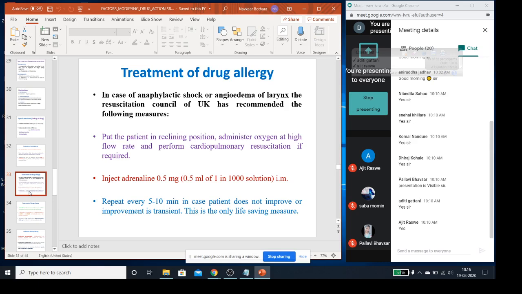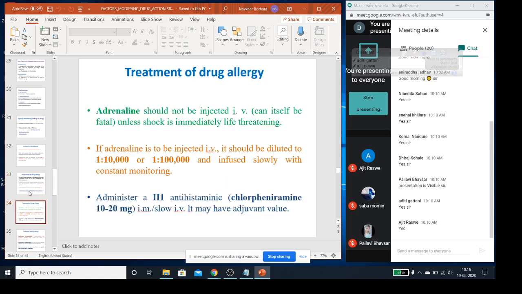Repeat it every 5 to 10 minutes if the patient does not improve or the improvement is transient; it is only a life-saving measure in these cases. Adrenaline should not be injected intravenously, because it can itself be fatal, unless shock is immediately life-threatening.